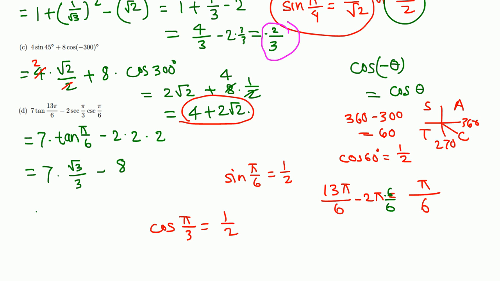Now we need to combine these two fractions. This is 7 root 3 over 3 minus 8. Multiply top and bottom by 3, so that we have the same denominator of 3. 7 root 3 minus 8 times 3, 24. So this is the final answer.